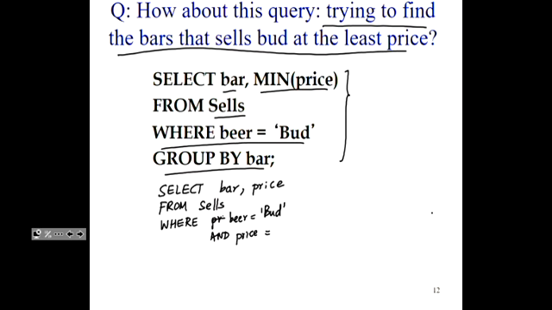What do we think? Do we want an equals, or something else? There are actually multiple ways of doing this. Any suggestions? There's some ways that don't even involve min. Any thoughts?